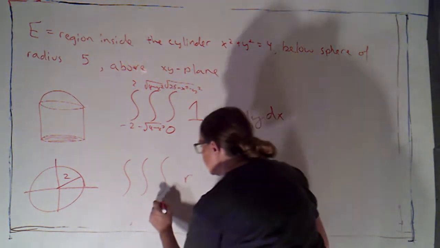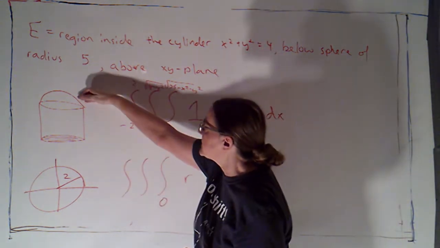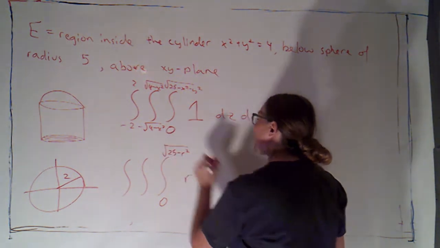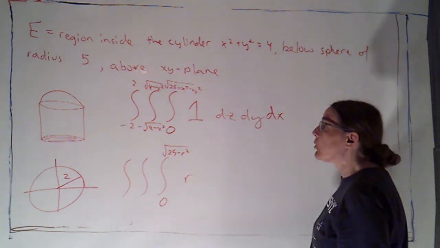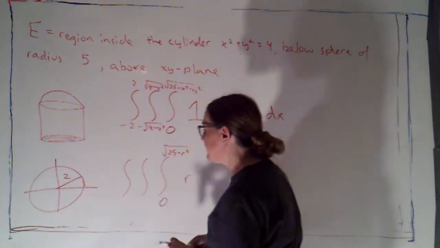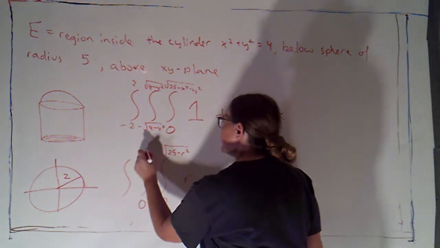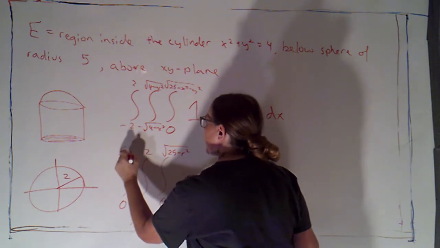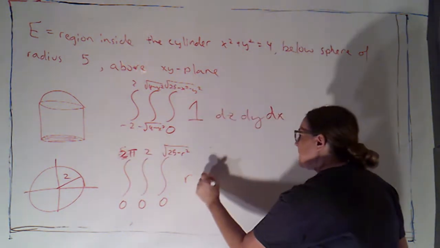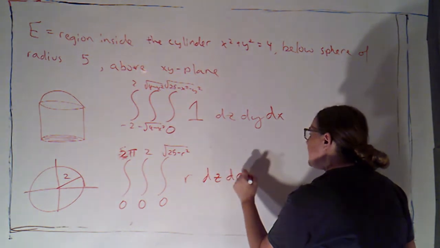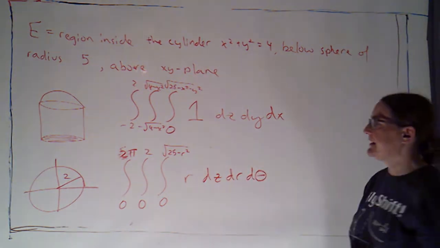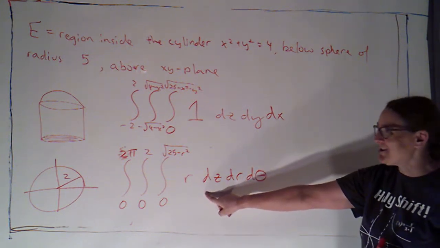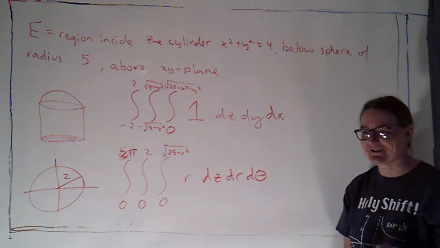We're going from 0 to the top part of the sphere, which just becomes root 25 minus r squared. We're integrating over this disk where r varies from 0 to 2 as theta varies from 0 to 2 pi. So that would be r dz dr d theta. Okay, so I definitely like this better in cylindrical coordinates than I do in rectangular coordinates.